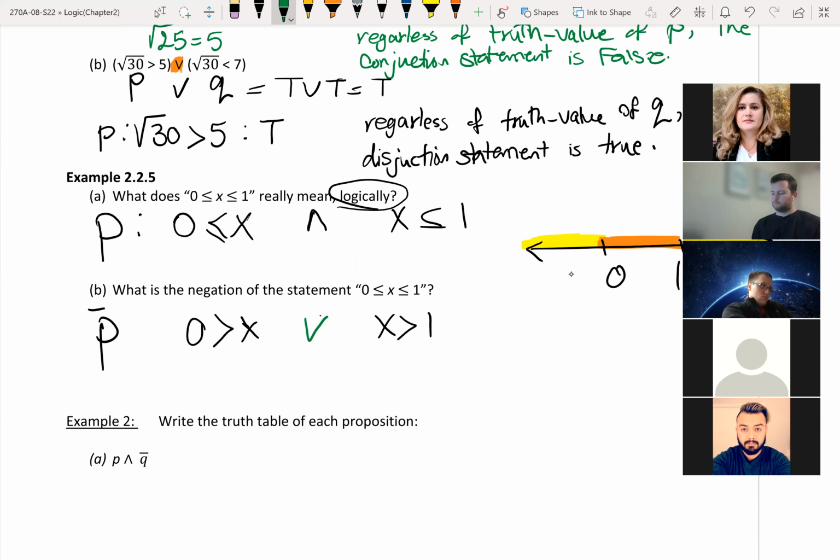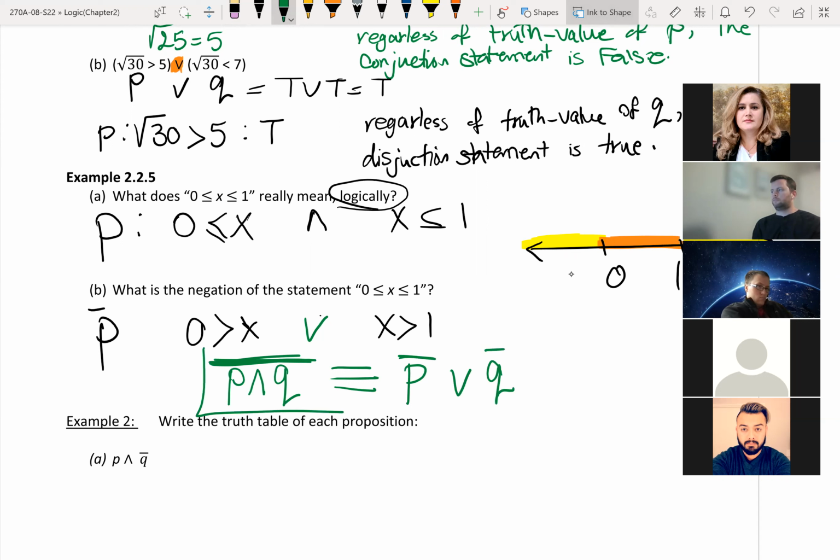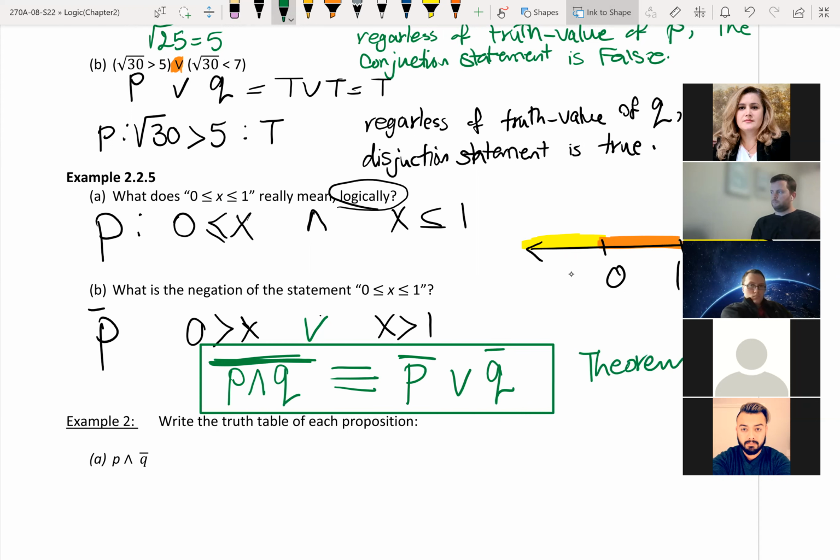So that is a disjunction. This is really interesting, right? It is switching. We actually have a theorem for that. If you have P and Q and you negate P and Q, then it becomes the negation of the first or the negation of the second. Does anyone know the name of this theorem?